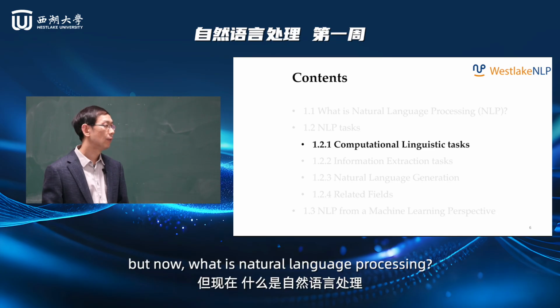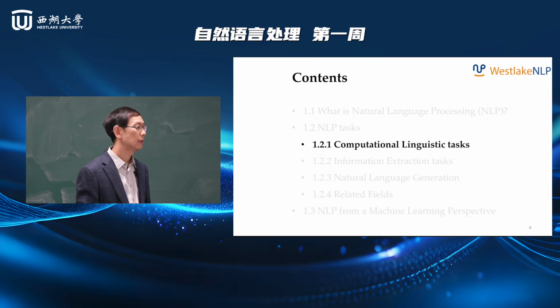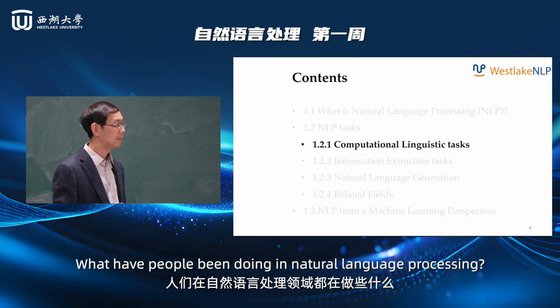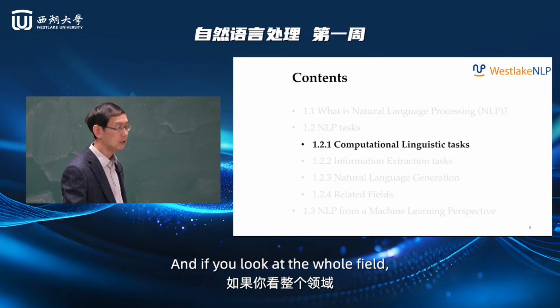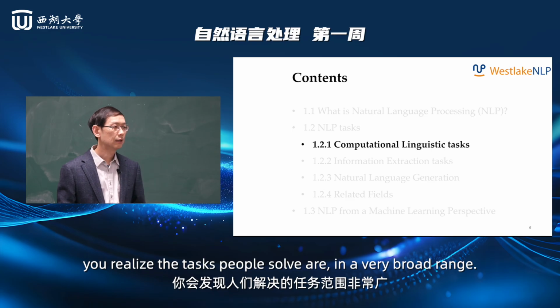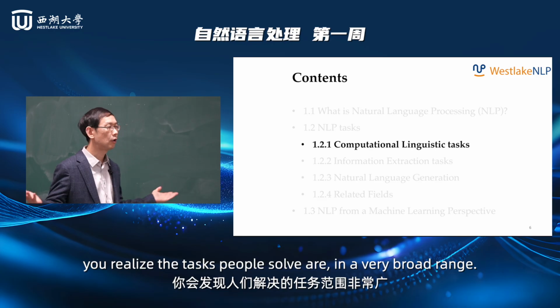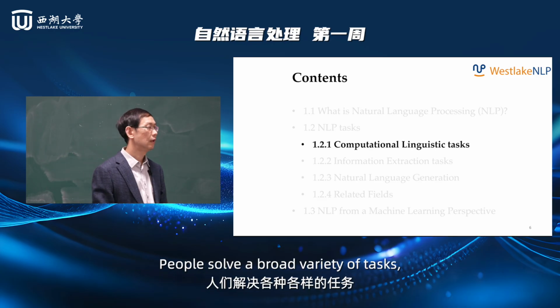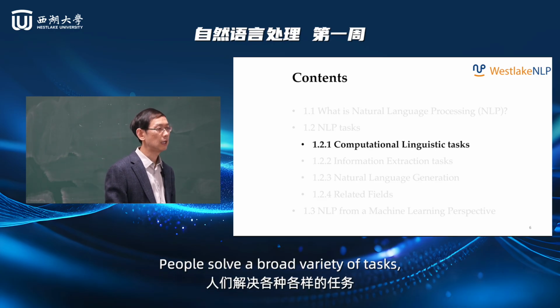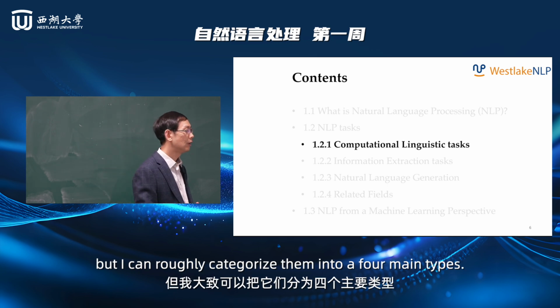But now, what is natural language processing? Let's take an overview of the field, okay? What have people been doing in natural language processing? And if you look at the whole field, you'll realize the tasks people solve are in a very broad range. People solve a broad variety of tasks, but I can roughly categorize them into four main types, right?